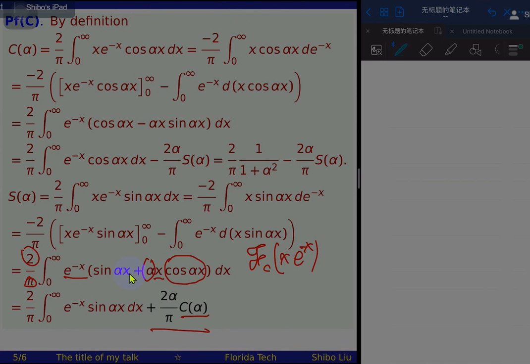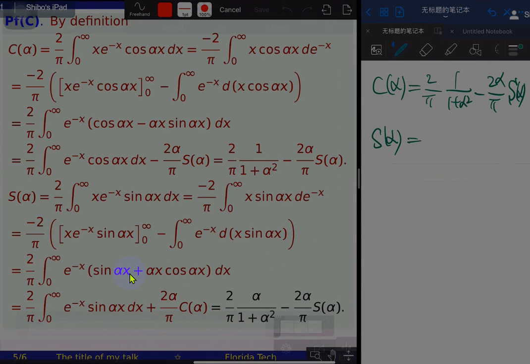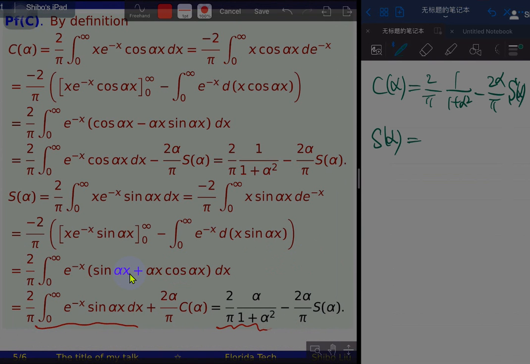Okay, so we have these two equalities. What equalities? We have C alpha equals 2 over pi times 1 over 1 plus alpha square minus 2 alpha over pi S alpha, and S alpha equals, sorry, this integral is also known. Yes, this integral is precisely this one.